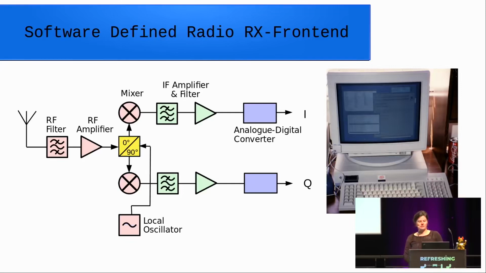So let's have a look at the different parts of our software-defined receiver. After the antenna, filtering, and amplifier, we have this IQ mixer. To keep it a bit simpler, for now we just skip the IQ part and have a look at what a mixer in general is doing.